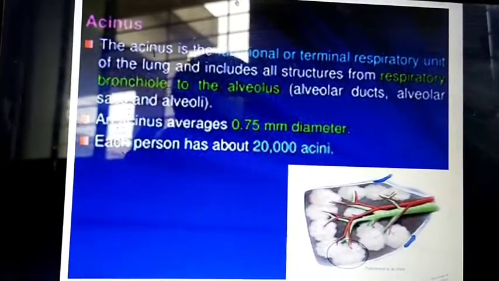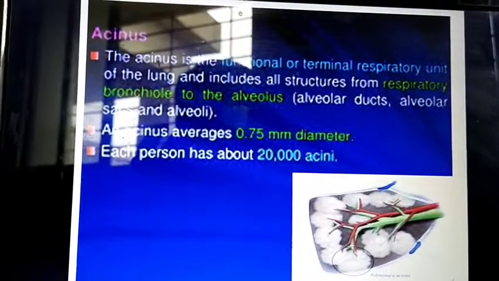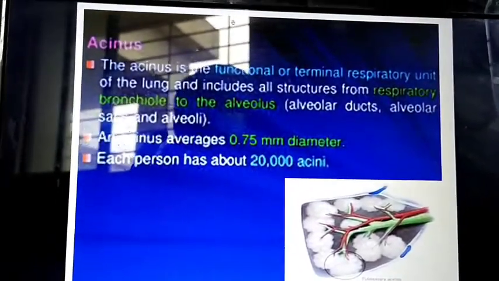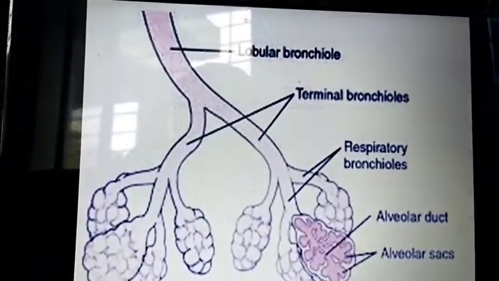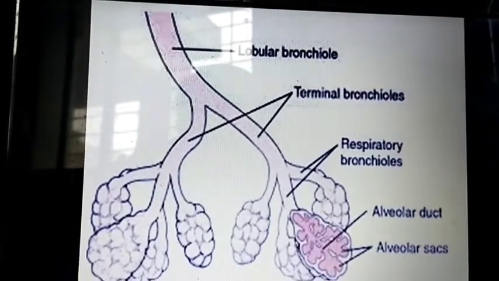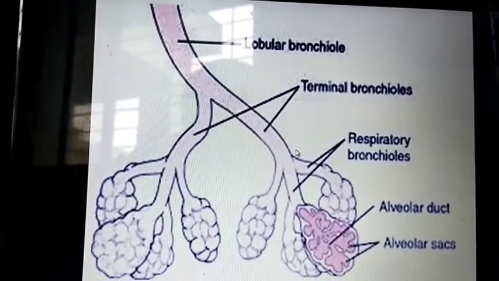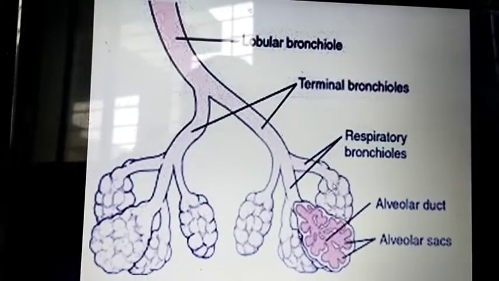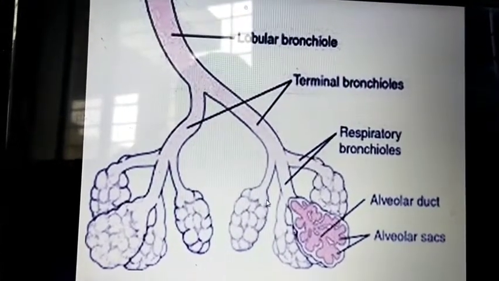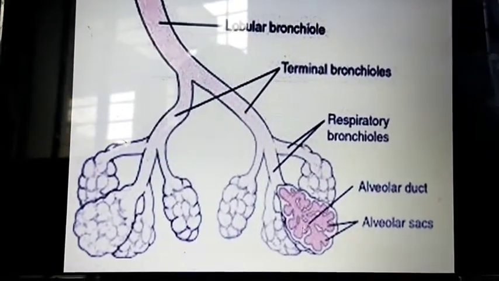Each person has about 20,000 acini in each lung. You can see the acinus includes respiratory bronchioles, alveolar sacs, alveolar duct and the alveoli.